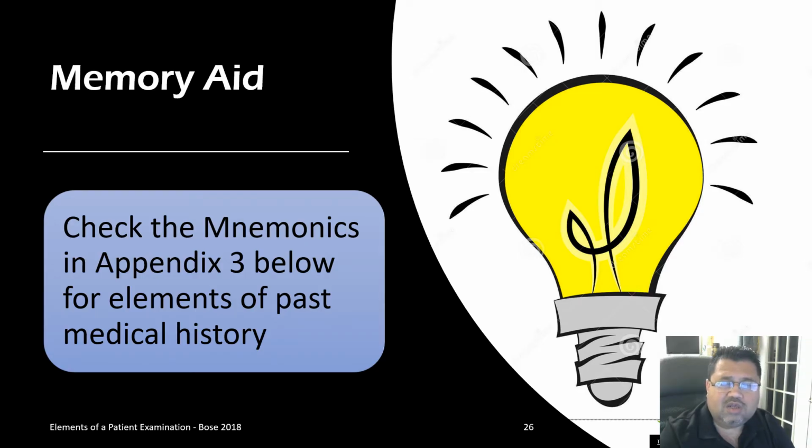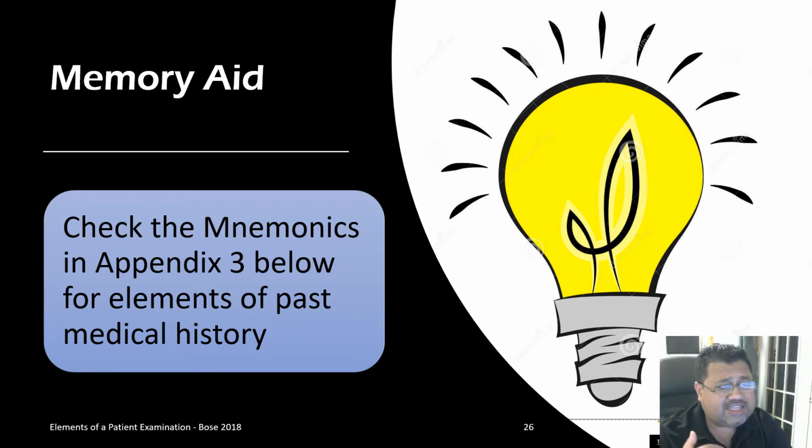In this slide, I have just alerted you to a memory aid. In Appendix 3 below, there are elements of past medical history that need to be reviewed in the form of a mnemonic. I have given you a couple of different ways, I think, but just check down in Appendix 3 for a memory aid and how to remember the components of past medical history.